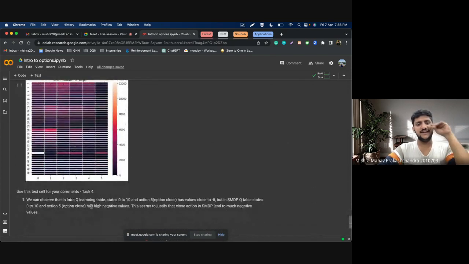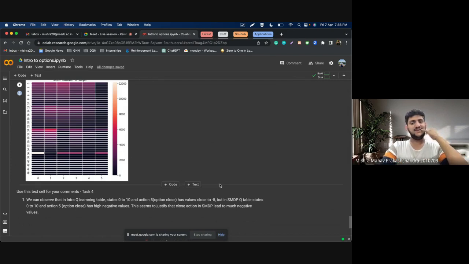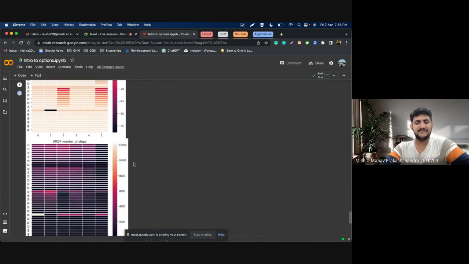So we can observe that in intra Q learning, states 0 to 10 and action 5, which is the close option, has values close to -5. But in SMDP Q table, the states 0 to 10 and action 5 has high negative values. Okay, so close option has higher negative value. So this seems to justify that the close action in SMDP leads to much negative values.